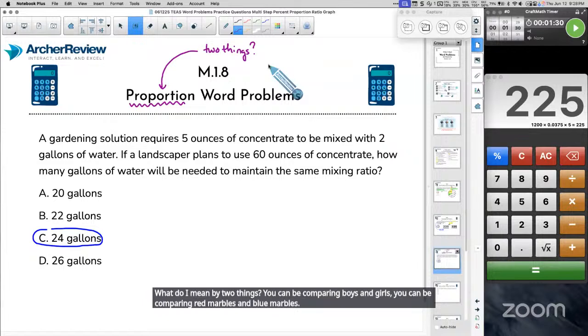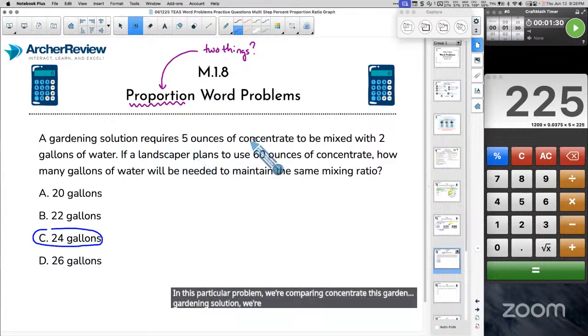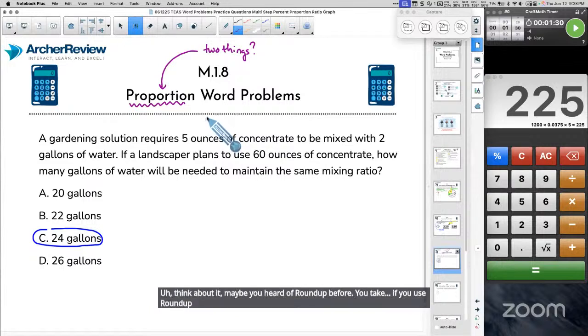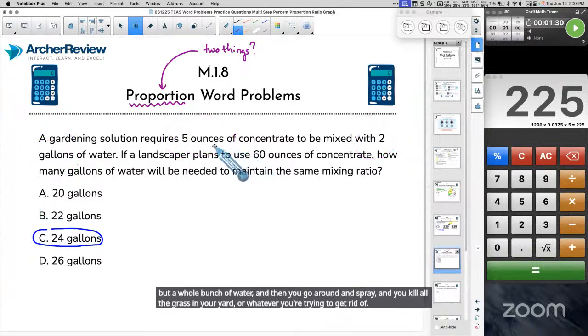In this particular problem, we're comparing concentrate, this gardening solution, to the gallons of water that we're mixing in. Think about it. Maybe you've heard of Roundup before. If you use Roundup concentrate, it's what kills weeds. You use a little bit of Roundup, but a whole bunch of water, and then you go around and spray and you kill all the grass in your yard or whatever you're trying to get rid of. So that's what we have here.